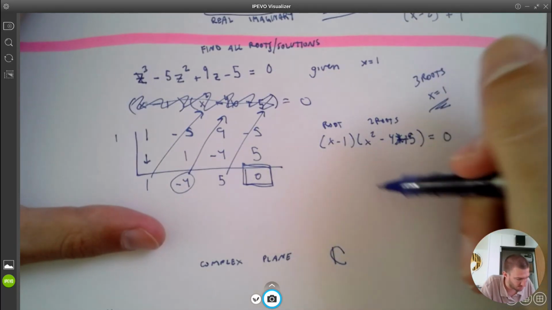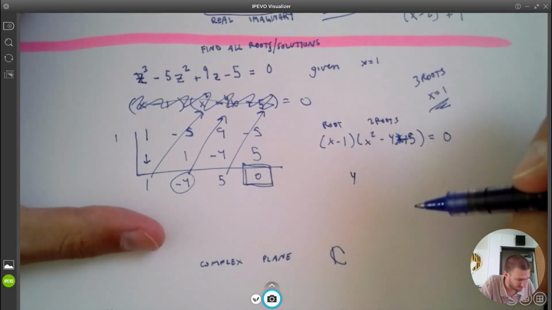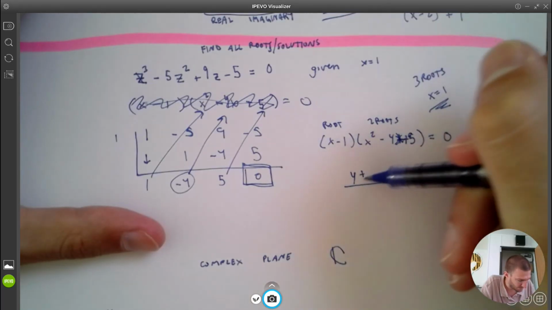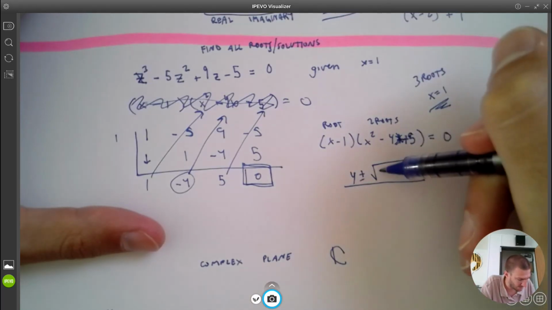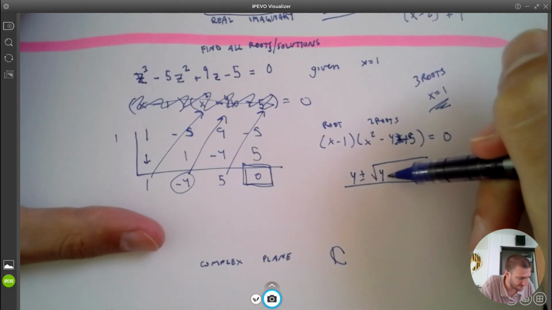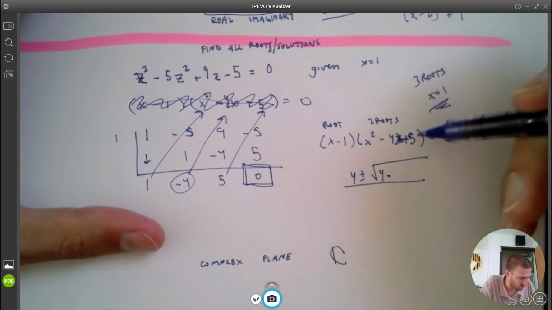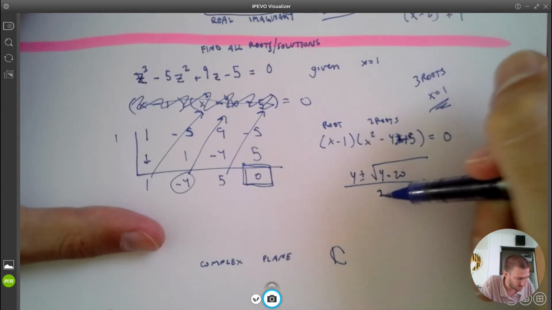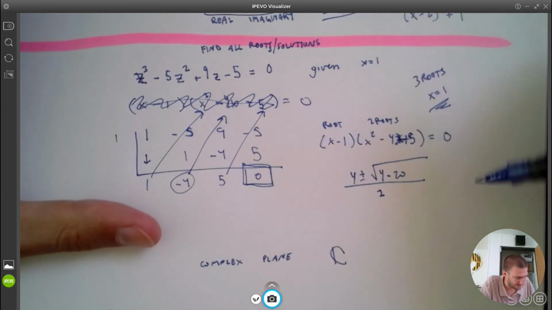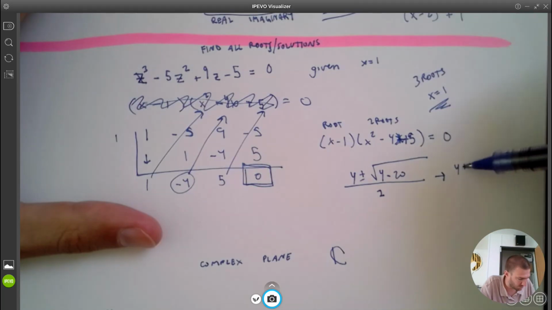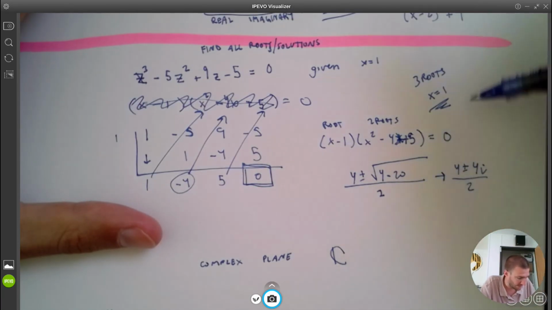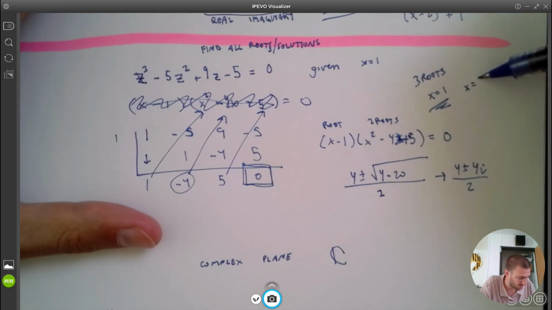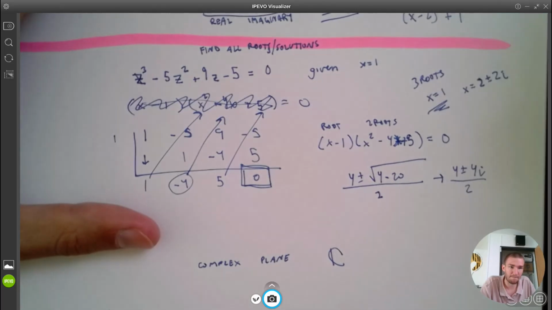I'm going to have to do negative b, which is 4, plus or minus the square root of b squared, which is 16, minus 4ac, which is 4 times 5, which is 20, all over 2a, which is just 2. That's going to be 4 plus or minus the square root of negative 4, that's a 2i, over 2. And my other roots are going to be x equals 2 plus or minus i.